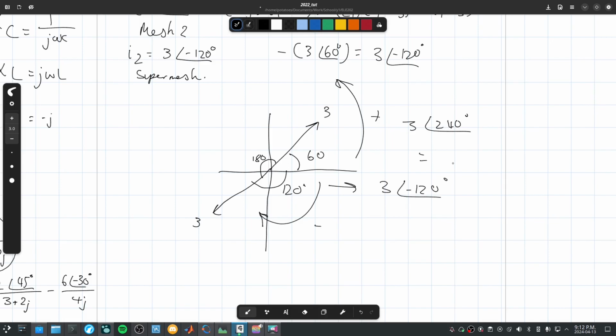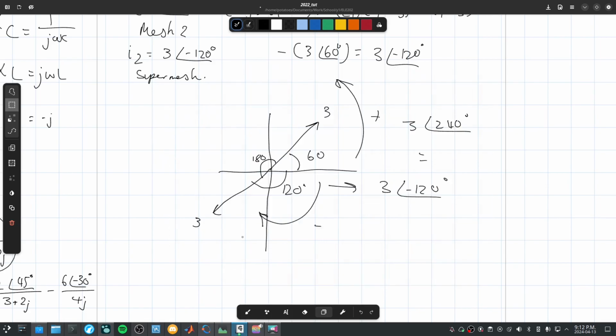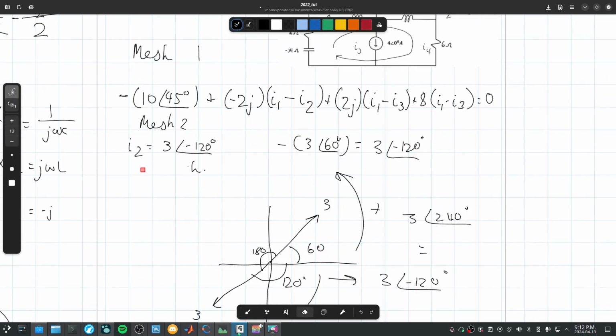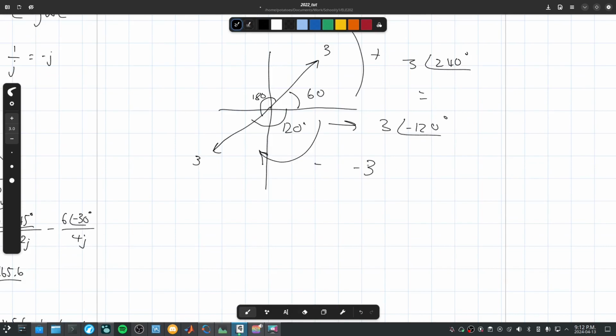If you put in your calculator negative 3 with a phasor of 60 on the FX991 ES, it will spit out 3 with negative 120. You really don't need to think about it. You can do this math and these angles and everything, but you're just wasting time.